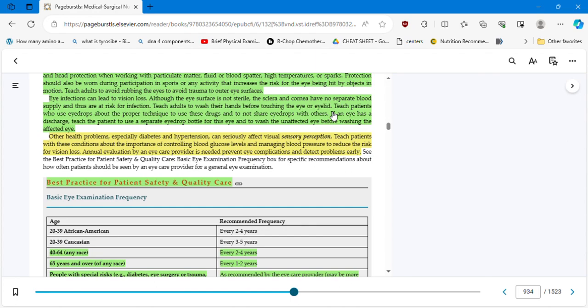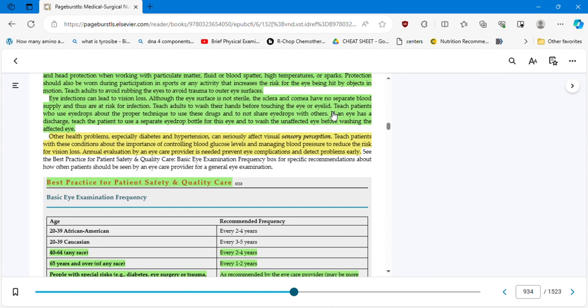Also, if the doctor prescribed you a medication, let's say you got an infection in the right eye, and you didn't finish that medication, you put the bottle on the side and you save that medication. Later, let's say a few months later, you develop the same condition in the left eye. Don't you ever think about using the same bottle for the left eye.